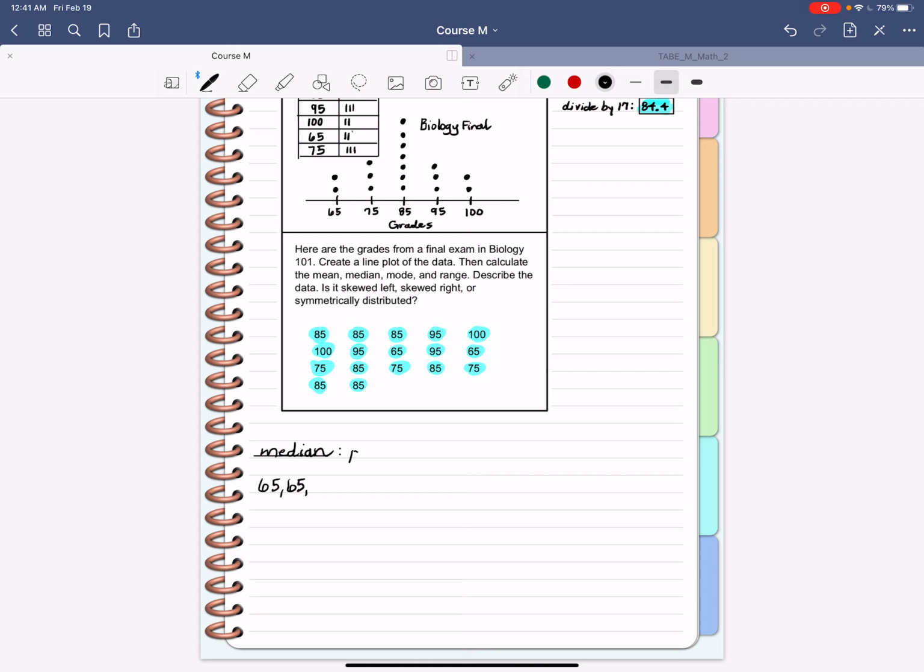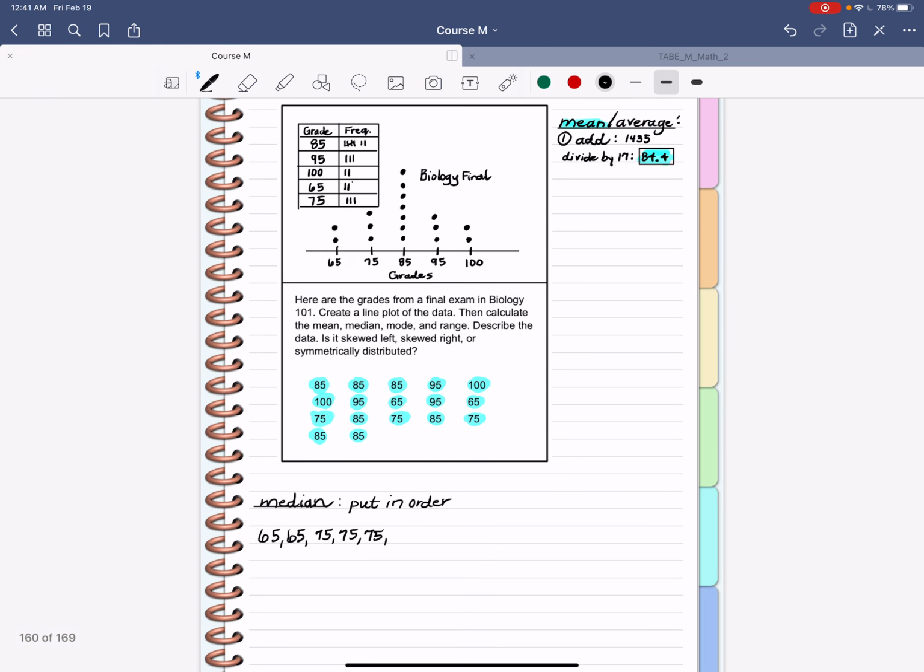So you put them in order. Then we had 3 of the 75s. We had 7 of the 85s. So you have to put it in there 7 times. I hate median because of this.